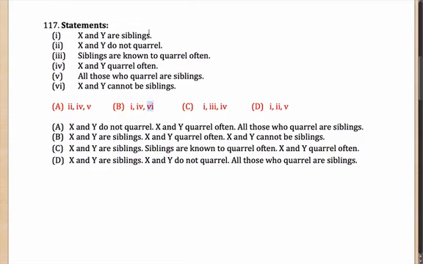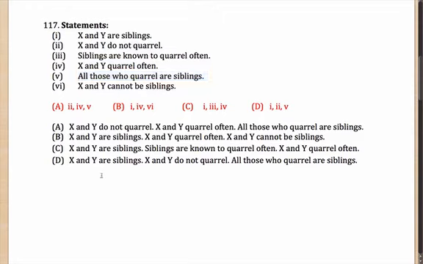It is a little difficult to keep on shifting in these statements. So what I've done is I've listed down all the options here, A, B, C, and D. So A is 2, 4, and 5. That is X and Y do not quarrel, X and Y quarrel often, and all those who quarrel are siblings. So that is how I have listed down all the 4 options.